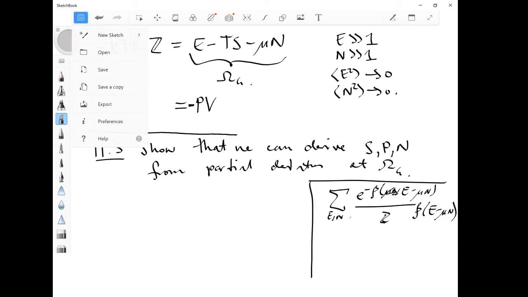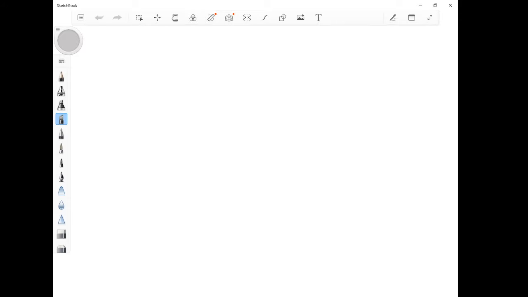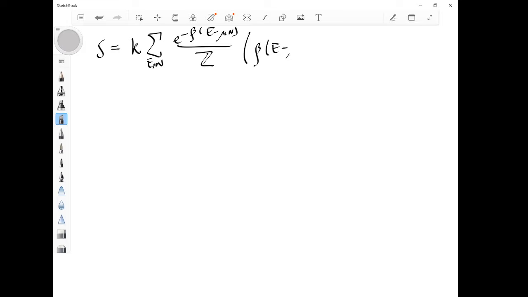Actually, let me just make a new page because I've got 3 questions. All right, so in that derivation, we had this expression. So we had S is equal to k outside of summing over our E and n, e to the minus beta (E minus mu n) over Z, outside of beta (E minus mu n) minus log Z. Now let me just split this up and we're just going to focus on this bit here.